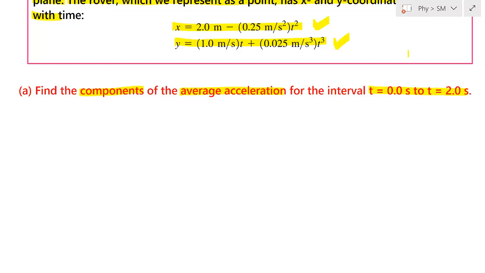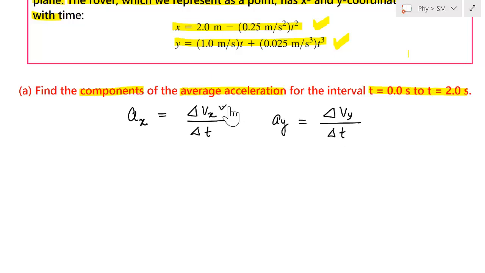So how will you do this problem? If you remember, the average acceleration in the X direction can be written as the change in velocity in the X direction divided by the time interval. Similarly, the average acceleration in the Y direction we can write as delta Vy divided by delta t, where delta t is the time interval and delta Vy is the change in velocity.